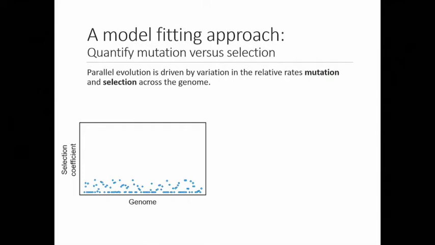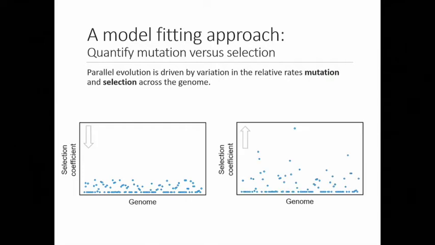But you could imagine that under some conditions there might be more variation across the genome in the selective advantage of a mutation in one gene versus another. And the idea is that when you have an increase in this variation across the genome in the selective advantages of mutations, we expect that to drive more repeatable outcomes across replicate populations.